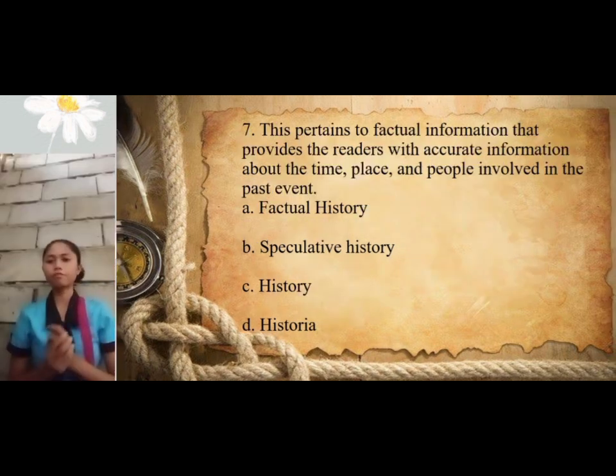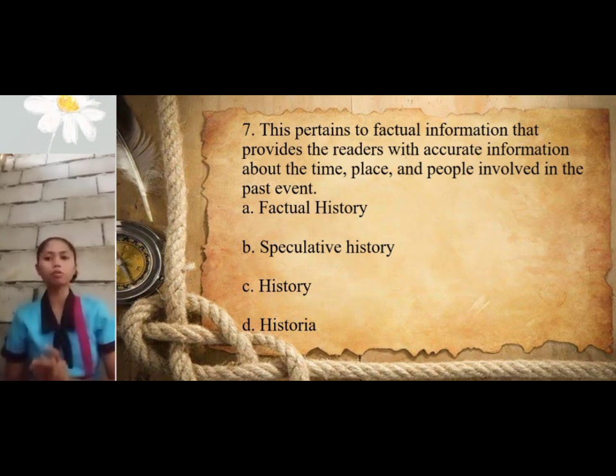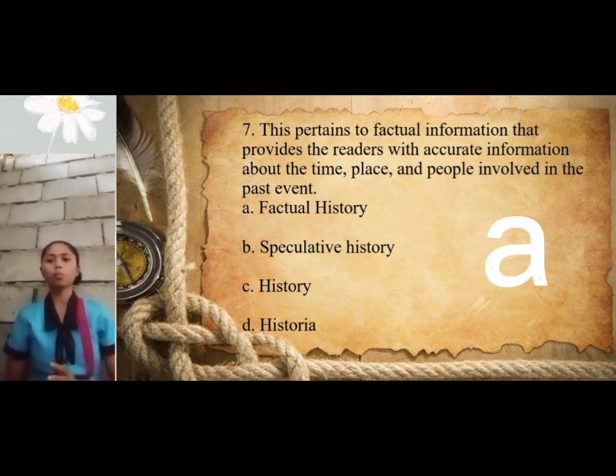Number 7. This pertains to factual information that provides the readers with accurate information about the time, place, and people involved in the past event. So the answer is letter A, factual history. When you talk about factual history or historical fact, it is a fact about the past.